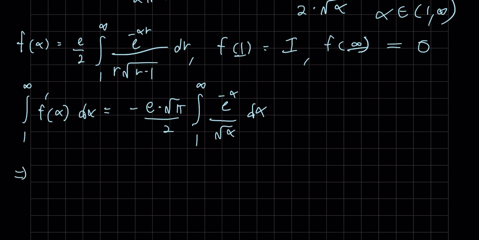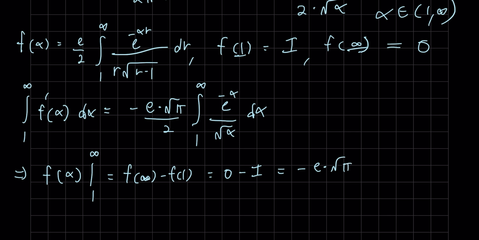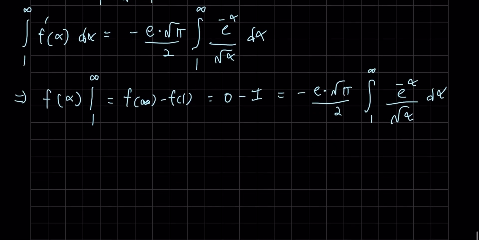This is just going to be f of alpha from 1 to infinity, but that's f of infinity minus f of 1. But we said f of infinity is 0, and f of 1 is the integral we want. So we have minus I equals negative e times the square root of pi over 2, the integral from 1 to infinity e to the negative alpha over the square root of alpha d alpha.